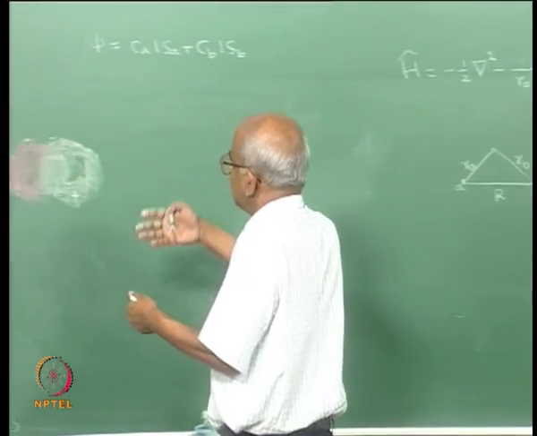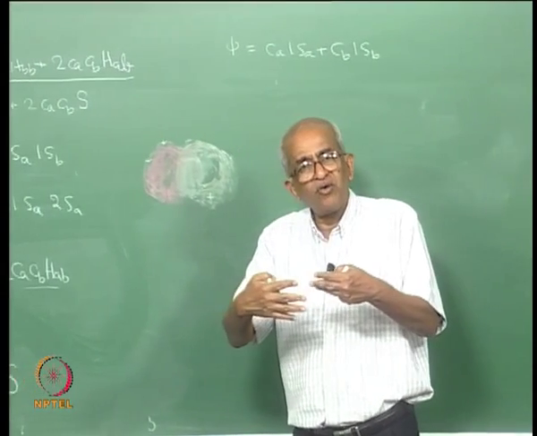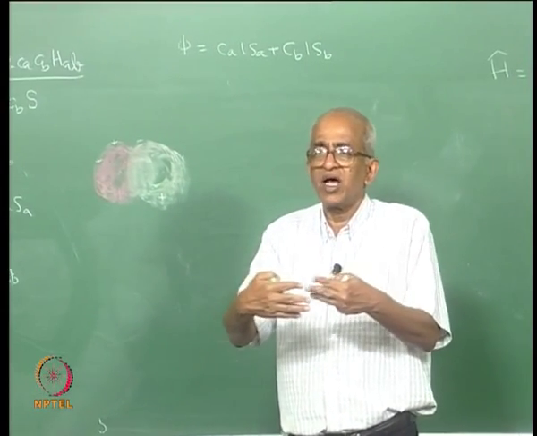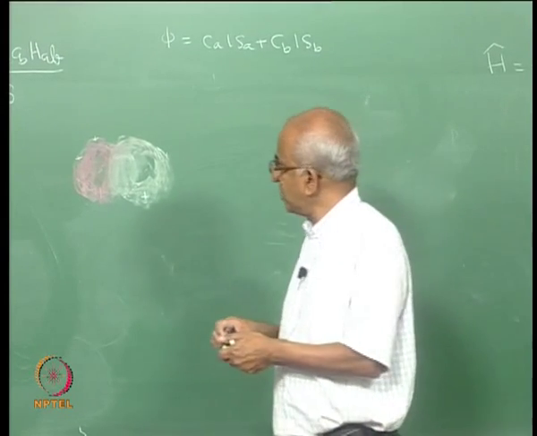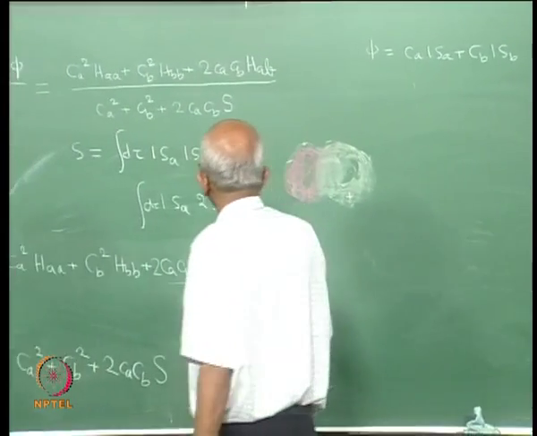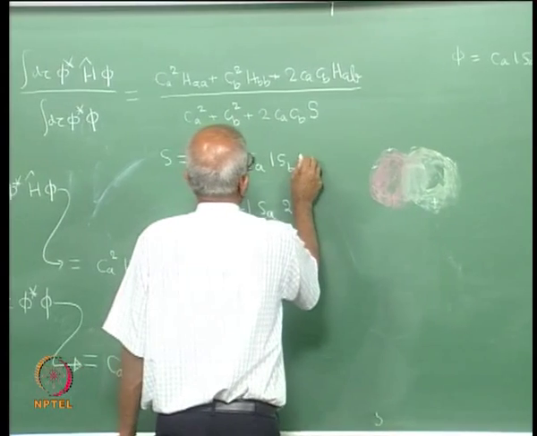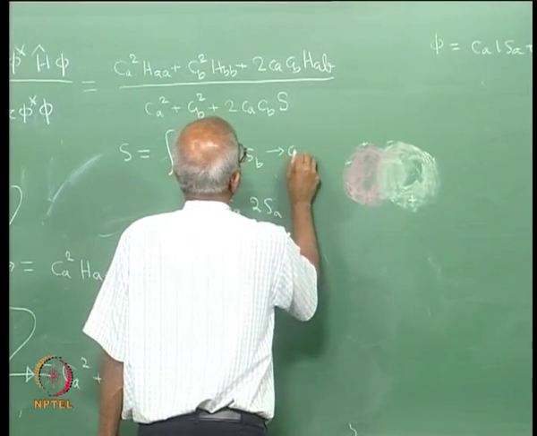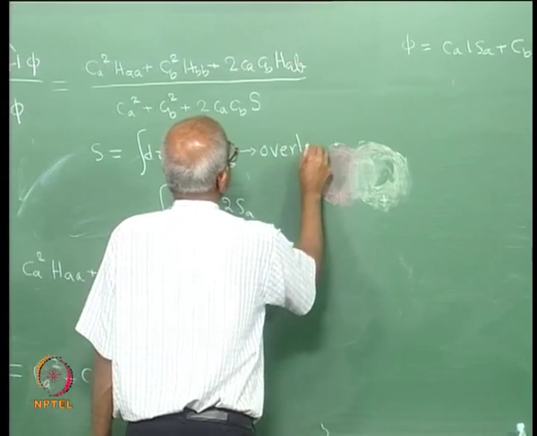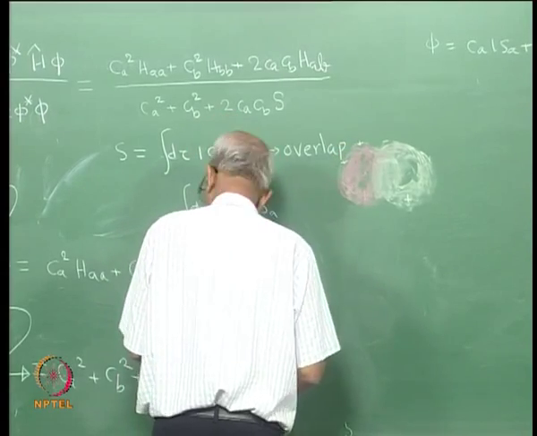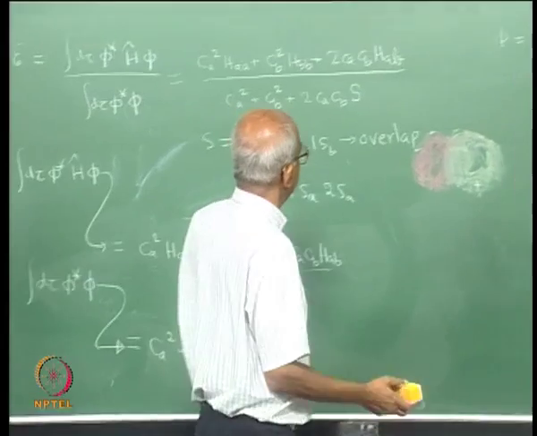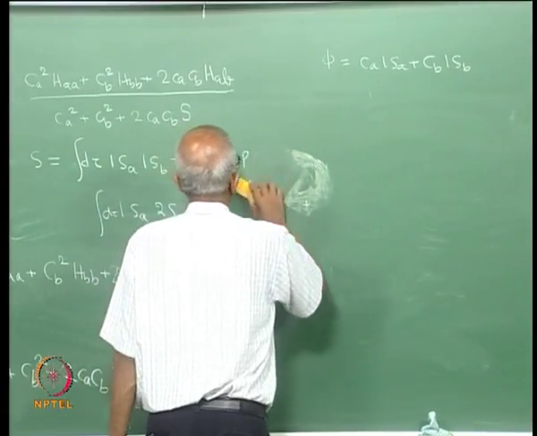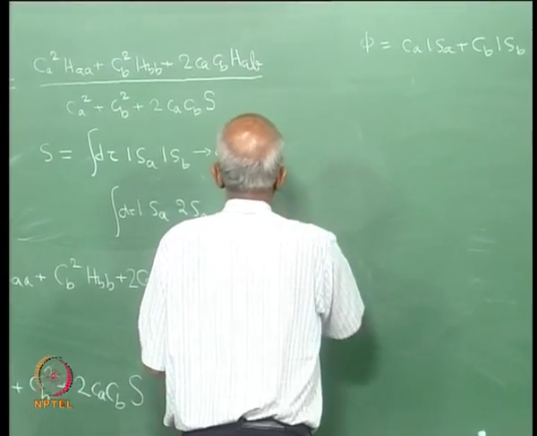So, essentially this integral is a measure of how strong the overlap between the two atomic orbitals is, and because of that this integral capital S is referred to as the overlap integral. And it gives you an idea of how strong the interaction between the two orbitals is basically.